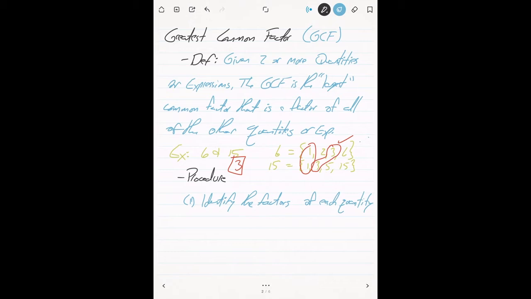We would then determine which factors are common in both quantities.